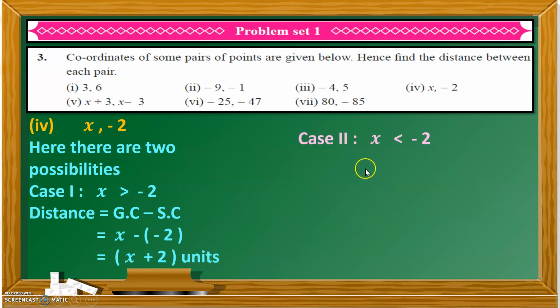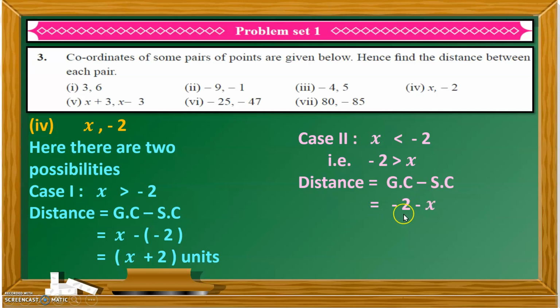Let us take the next case, case 2. x is less than minus 2. So when x is less than minus 2, that is, minus 2 is greater than x. We normally write it in the greater than form. So distance will be greater coordinate minus smaller coordinate, equal to minus 2 minus x.